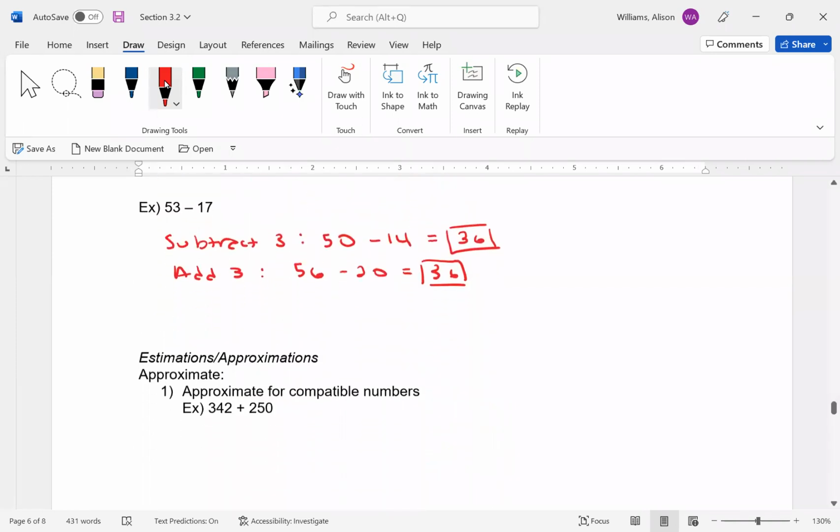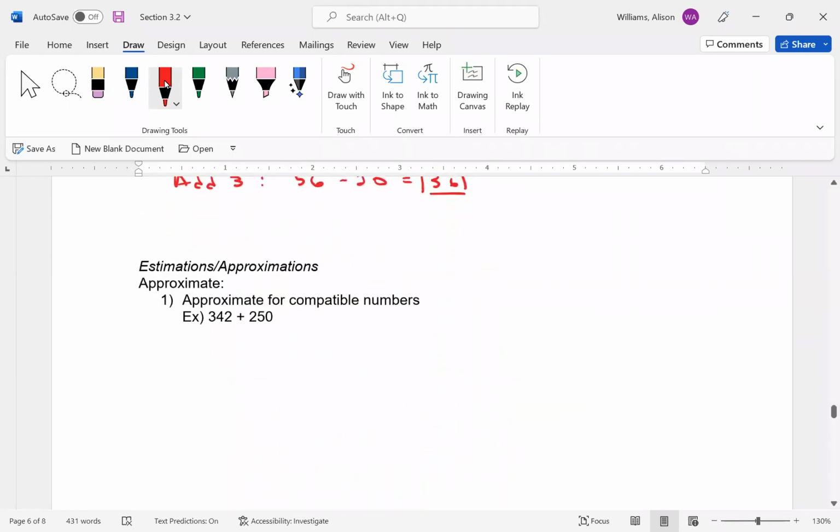Okay, then they move into approximations. And we use this probably more than any other type of mental math. The idea that we approximate in our head the solution and have a relative idea of what that approximation does for us. So if you approximate two compatible numbers, meaning you're making it easy to do in your head, an easy approximation on this first example would maybe be to make the 342 into 350 and then add those two together.